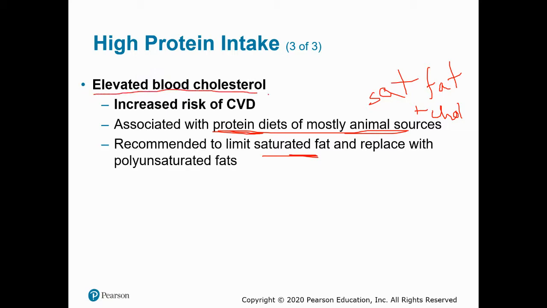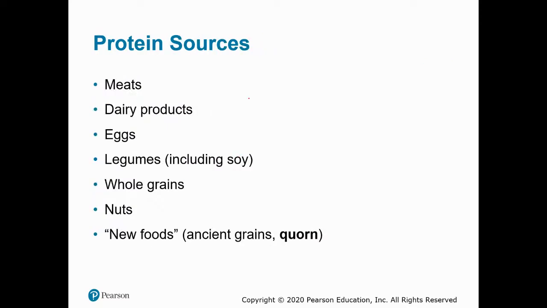So we can see elevated blood cholesterol from too much animal protein intake due to the saturated fat and the cholesterol, and that increases the risk for cardiovascular disease. So the recommendation is to limit saturated fat, to switch to plant proteins because you get fiber and you remove saturated fat and cholesterol, and to increase more of those healthy omega-3 fats.